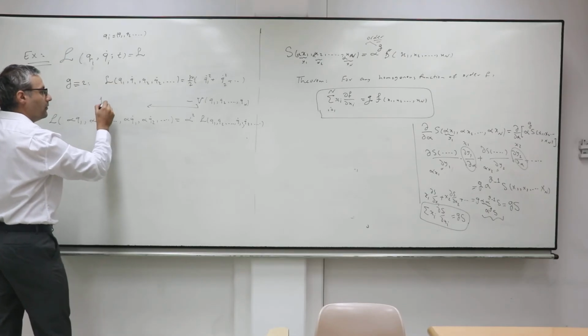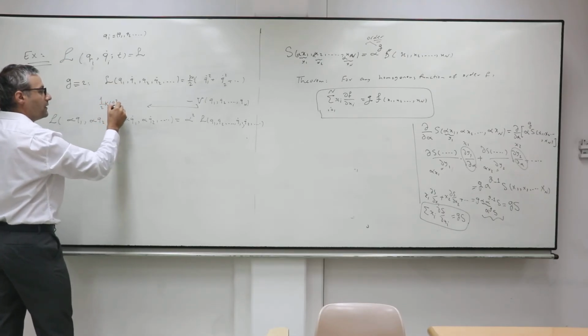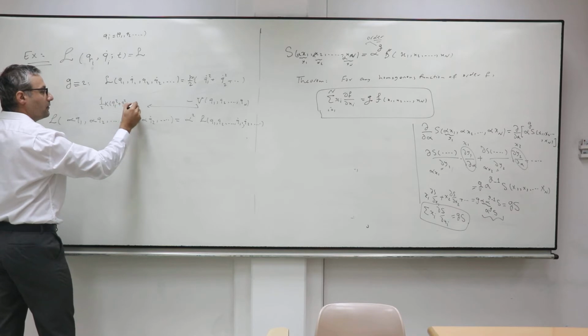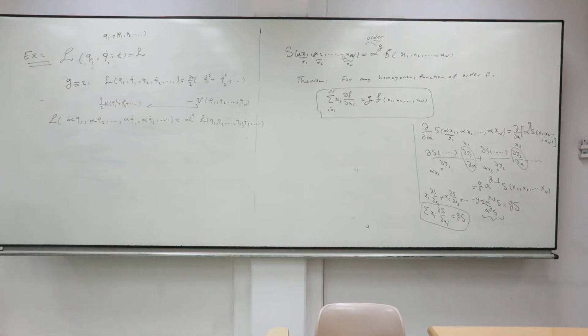For example, if you take this harmonic oscillator, 1 over k, Q1 squared, Q2 squared. At least for the harmonic oscillator, it's correct, and for many classes of functions you can do this. So the Lagrangian is a homogeneous function of order 2.